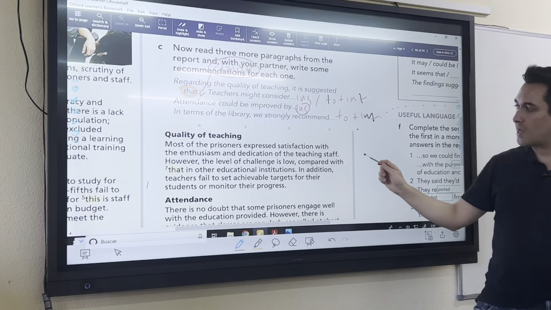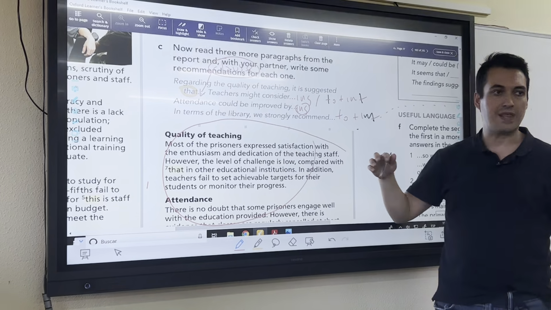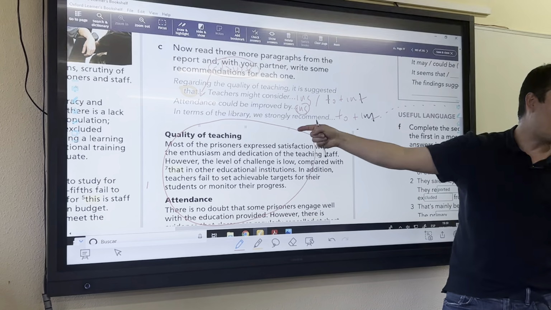So now individually, read the text and then in pairs, complete the sentences.